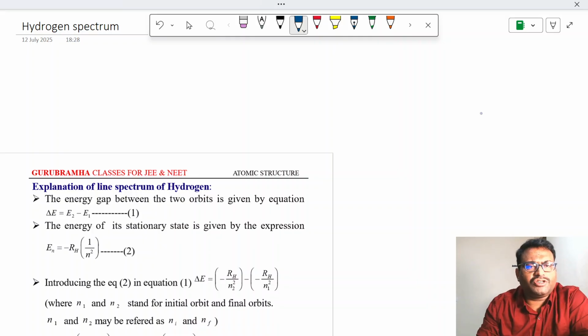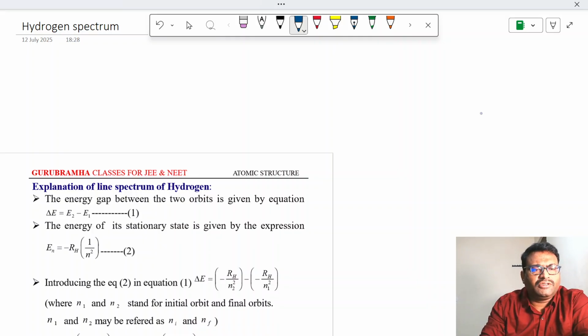So today's topic is hydrogen spectrum. Already in the previous video, I described what is hydrogen spectrum. In this, we are discussing the formula to calculate the wavelength, the energy, and the wave number of the spectral line released in the hydrogen spectrum.